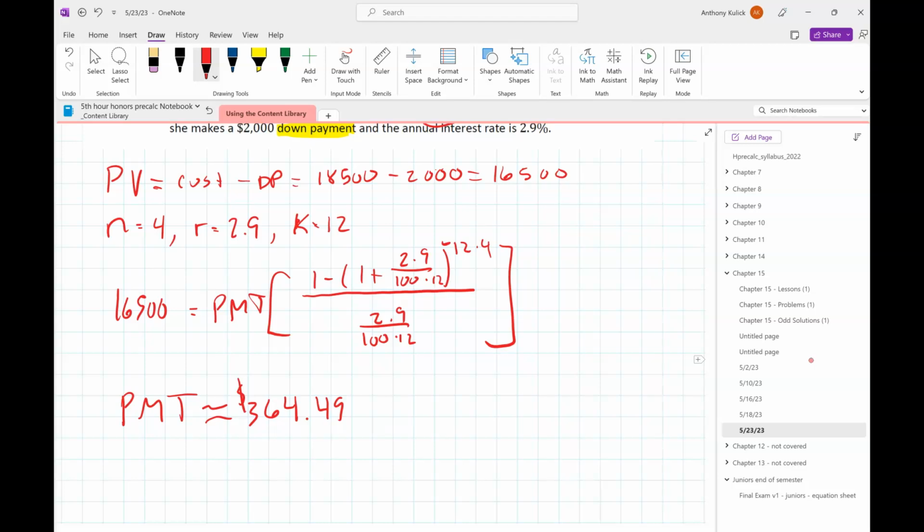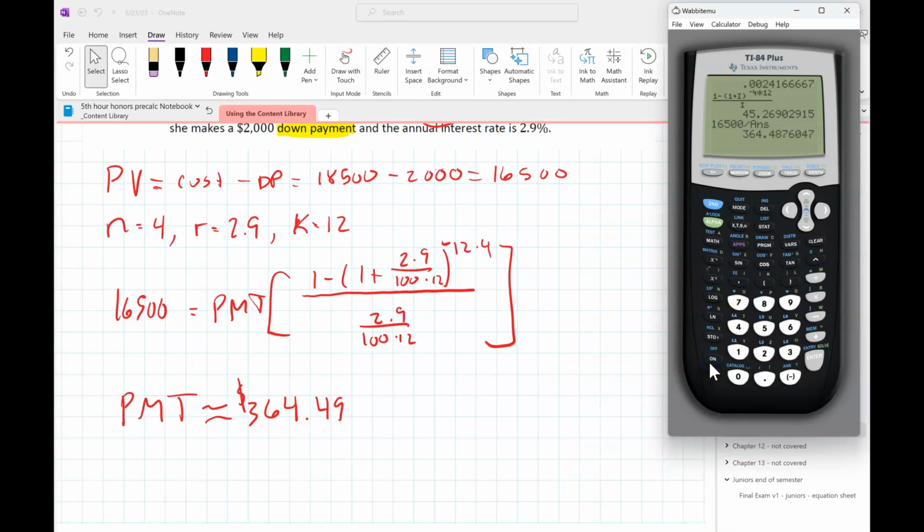So quick question, how much did I end up paying for the car? Exactly, numerically, how would I figure that out? I paid this much every month for 4 years, plus the $2,000 I put down.